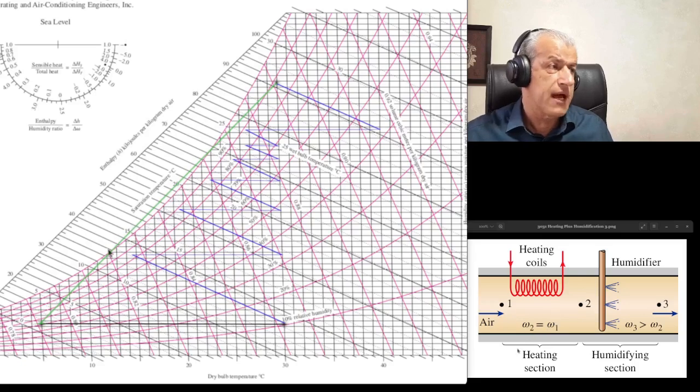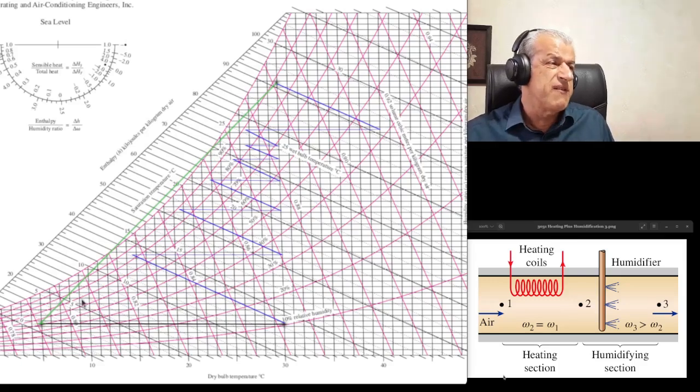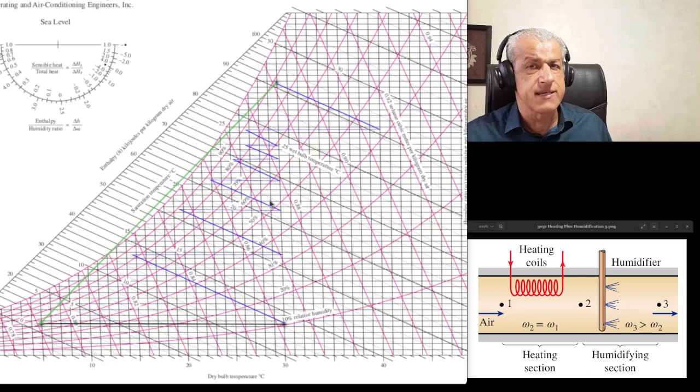In fact, what happens is that it doesn't go straight, but some water would be condensed. So at the same time, we are adding water and we are getting condensation. A more realistic way of achieving this is a line like this, which won't happen. A zigzag like this won't happen.